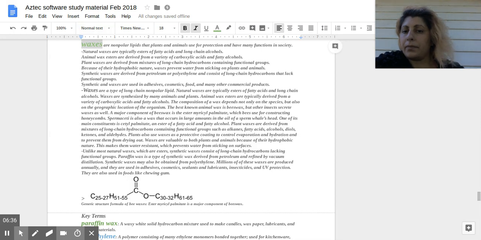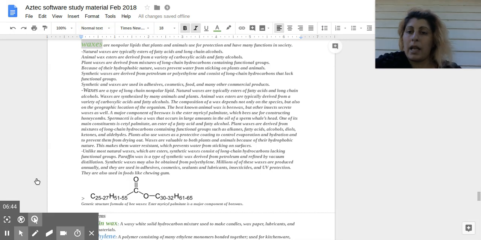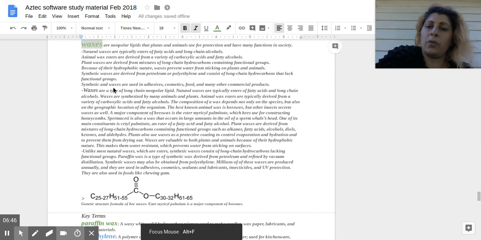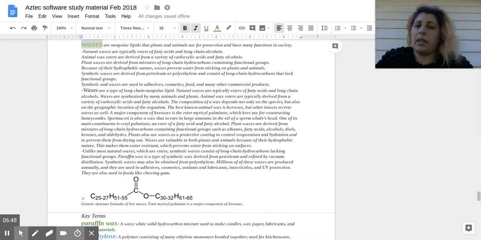Plant waxes are derived from mixtures of long chain hydrocarbons containing functional groups. Because of their hydrophobic nature, waxes prevent water from sticking on plants and animals. Synthetic waxes are derived from petroleum or polyethylene and consist of long chain hydrocarbons that lack functional groups.